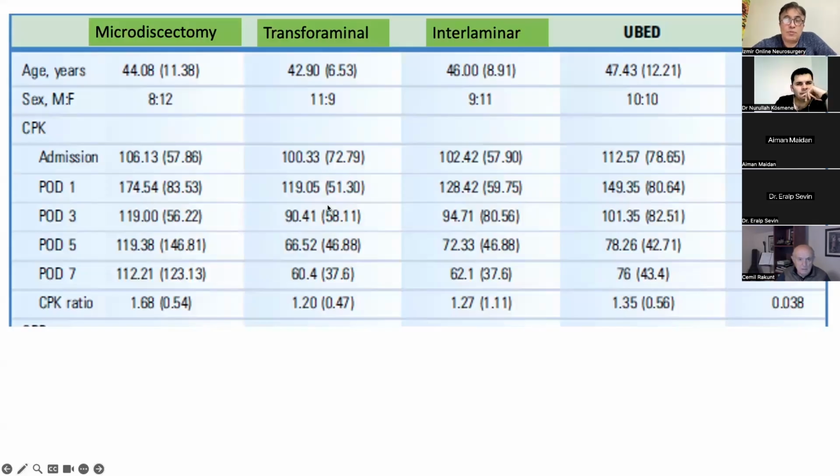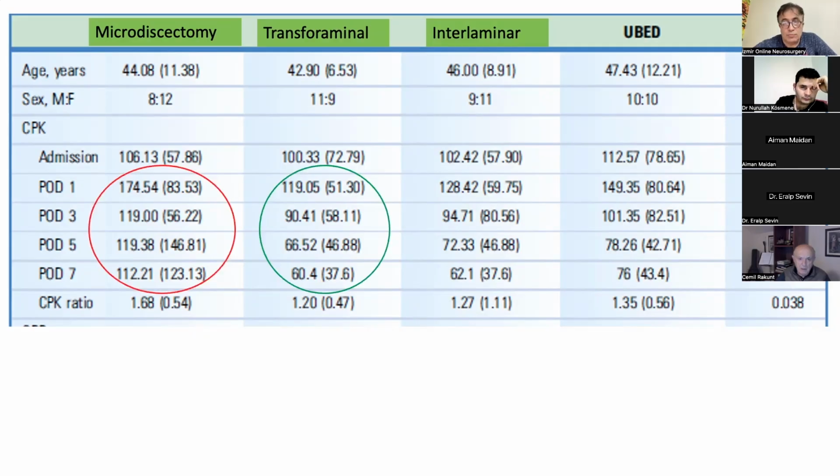When we look at the postoperative creatine phosphokinase values, the lowest value in each period belongs to the monoportal transforaminal group, and the highest value belongs to the microdiscectomy group. The value of the monoportal interlaminar group is higher than that of the transforaminal group, but lower than that of the UBE in every period.